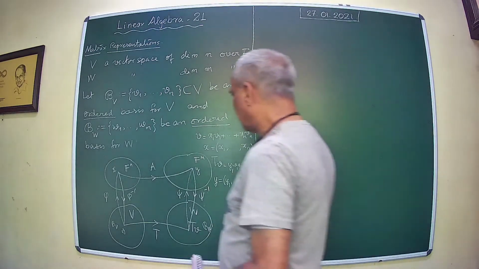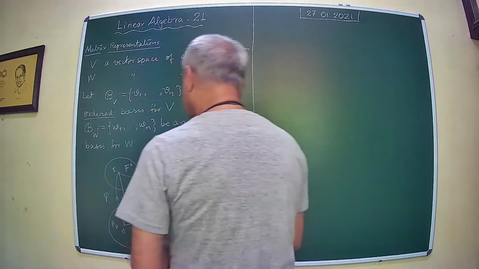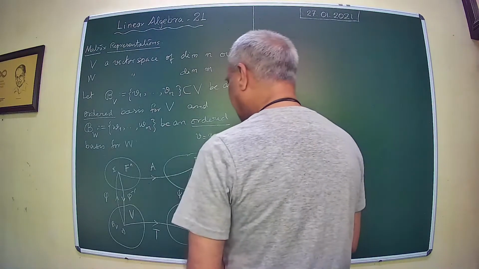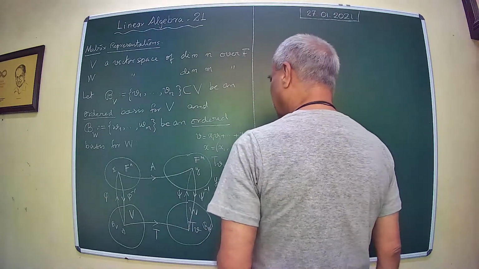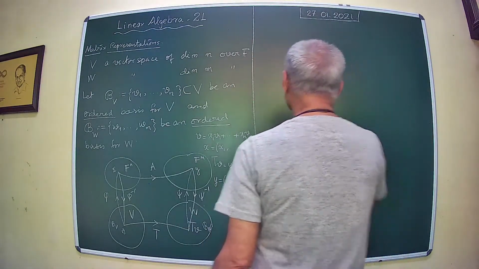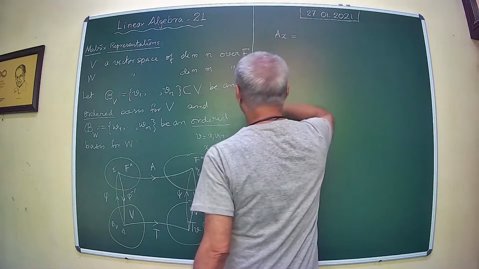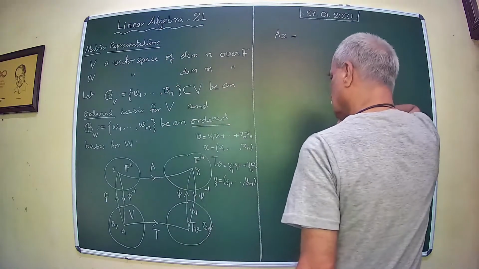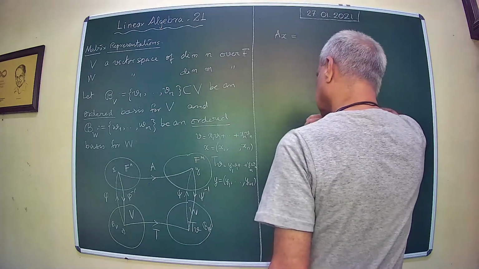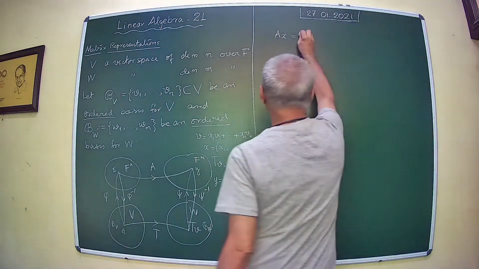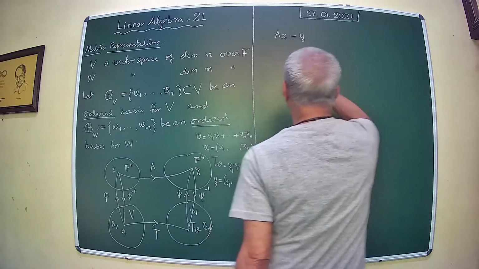Now you see that from this diagram, it is quite clear what A is. See, you have Ax equal to y. This is the picture that you have.